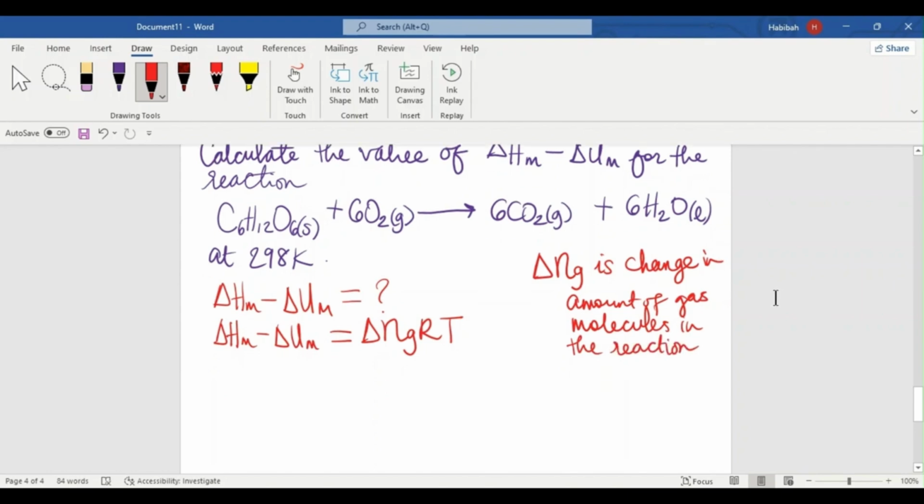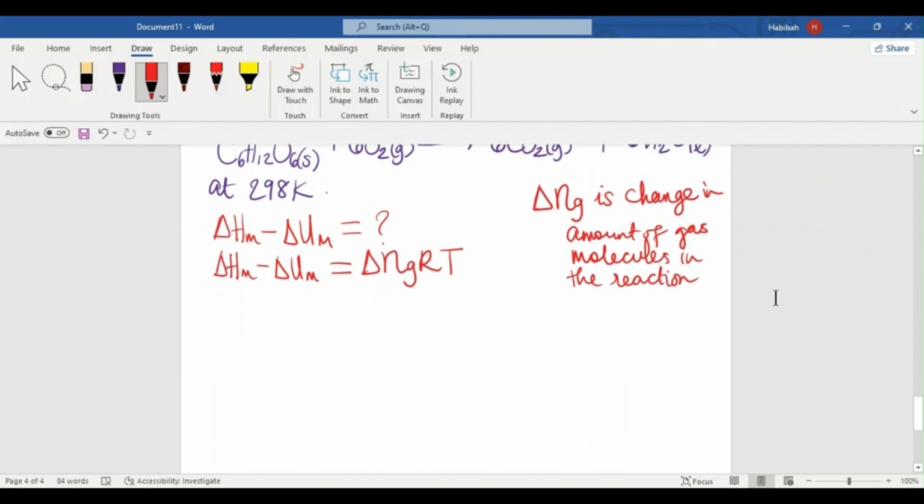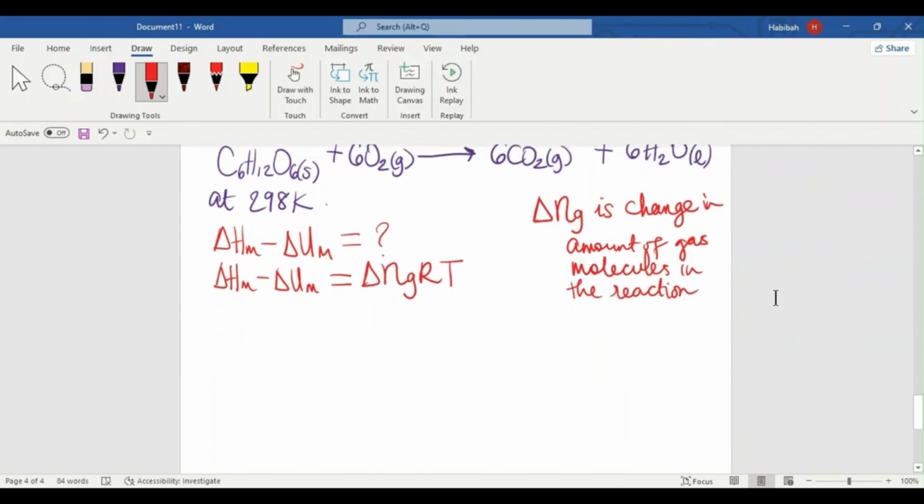So that's basically what this particular symbol is that I just wrote down. The first thing you have to do is determine change in NG first.